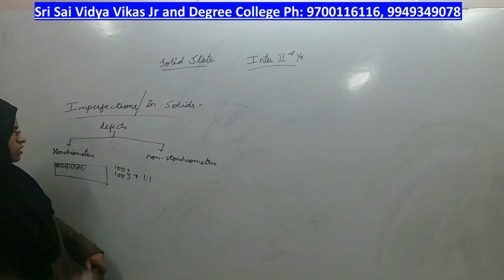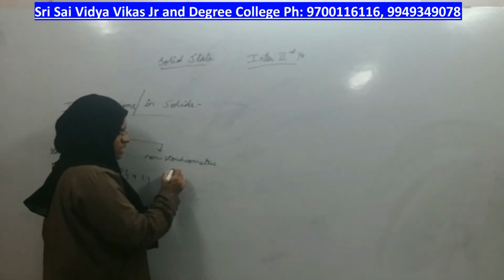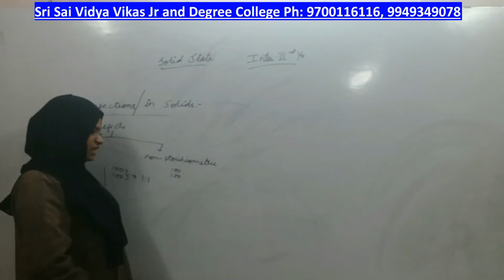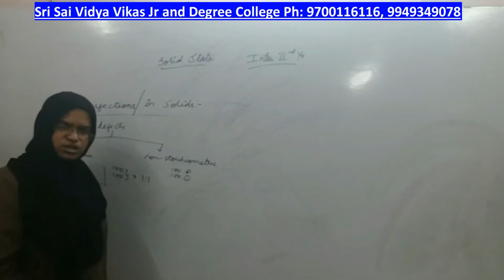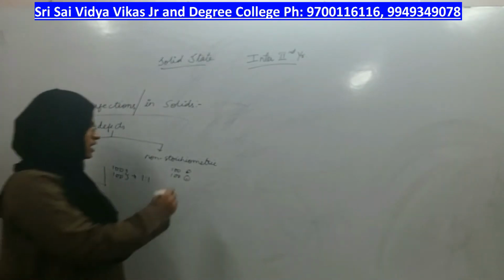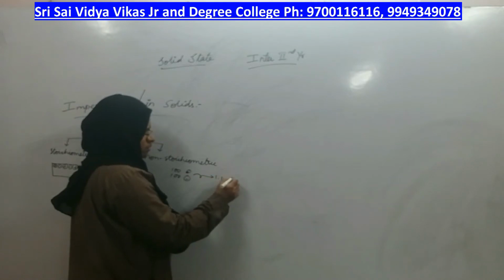When you come to non-stoichiometric defect, suppose before the defect the solid lattice is expected to have 100 cations and 100 anions, but because the defect took place, their ratio is not 1:1 anymore.